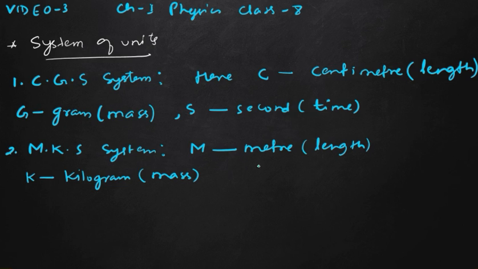But S is common to both. S is second. We use second to measure time. Only the units of length and mass are different in CGS and MKS system, and for time it is the same.